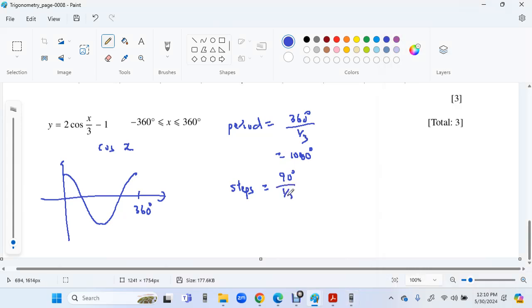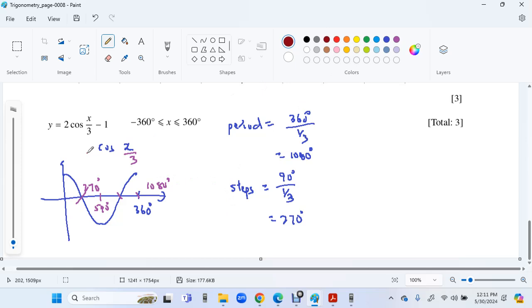So now the 90 degree, I will say it is a step size. So 270 is the step size. Now we have this over 3. This will be 270. Then 540. And this is the 1080 here.